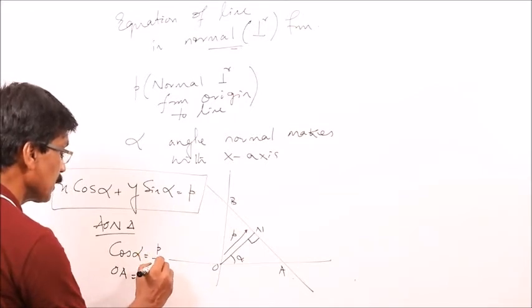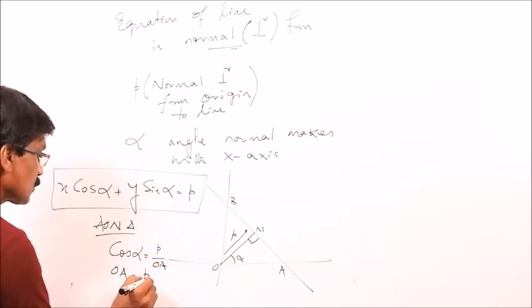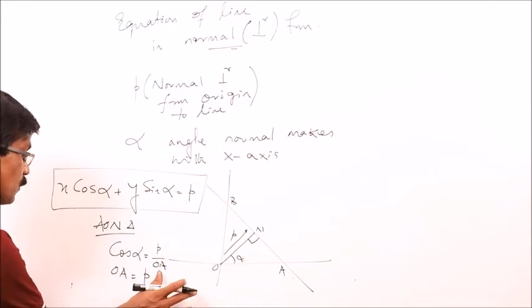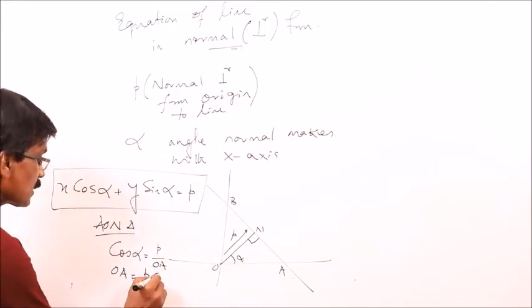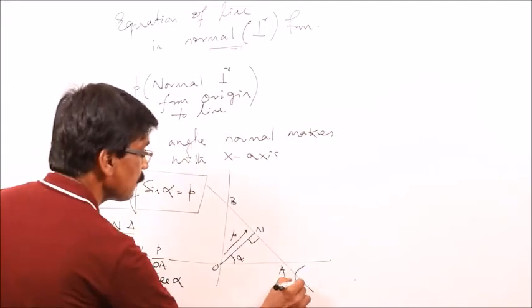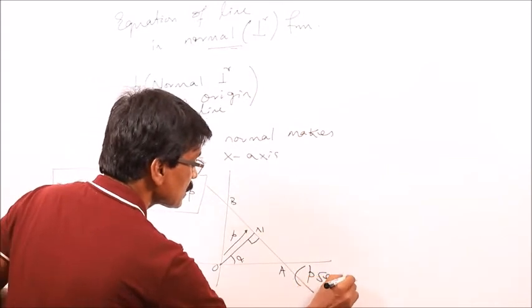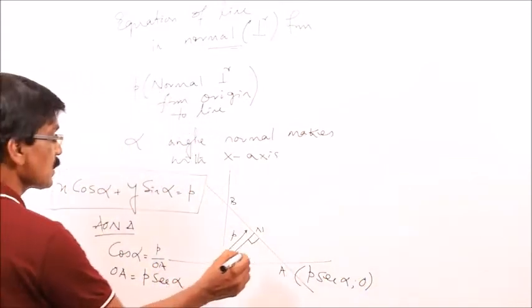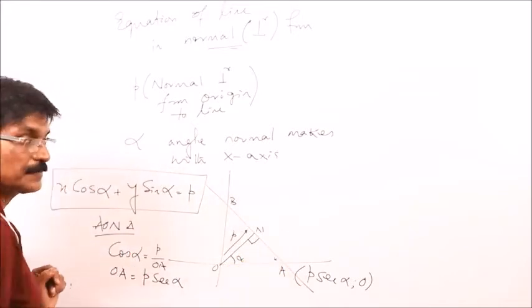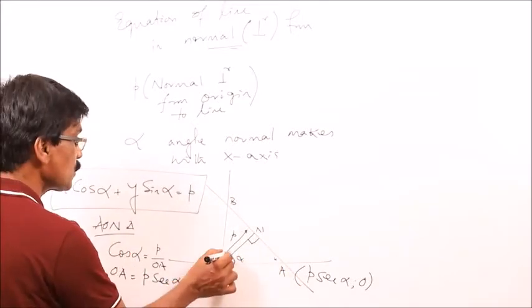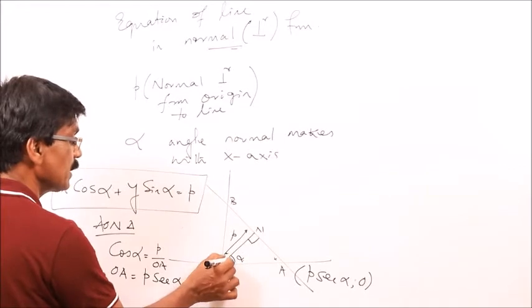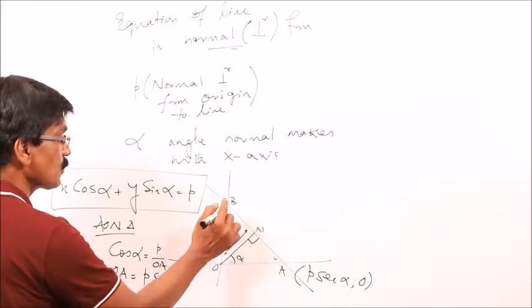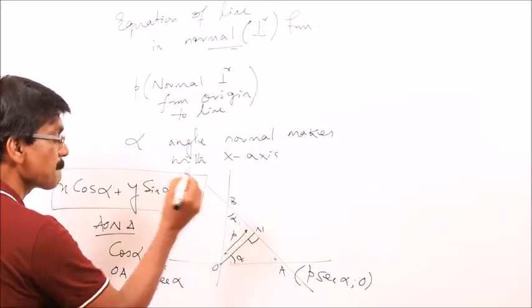So OA is equal to p sec alpha. So the A point is (p sec alpha, 0). Now these two angles sum to 90 degrees, and this is the common angle, so obviously angle B is alpha.